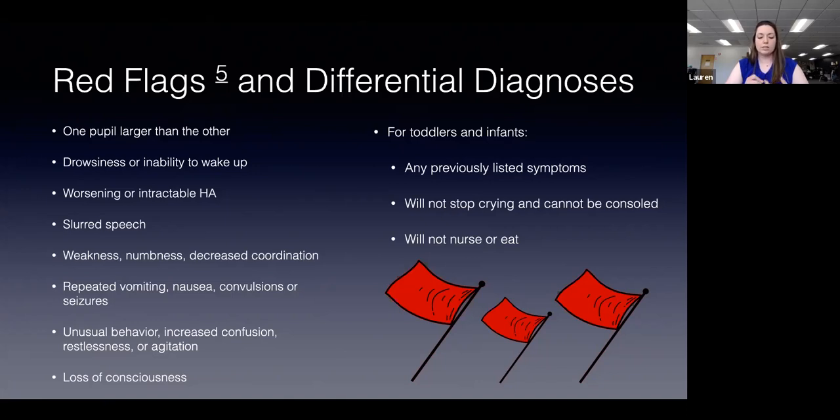Weakness, numbness, decreased coordination. With a concussion, you may see those symptoms immediately after the trauma, not something that we should really be seeing prolonged. So obviously that would be more of a central nervous system issue.